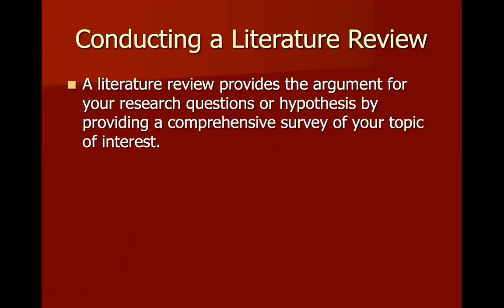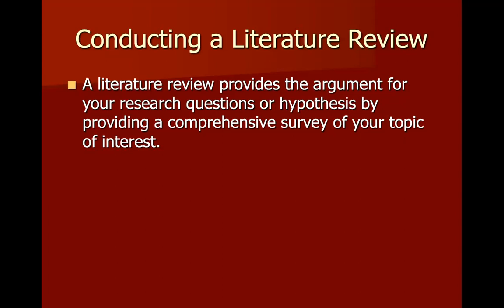A literature review provides the argument for your research questions or your hypothesis by providing a comprehensive survey of your topic of interest. So when you write a research report, you hope it gets published so that you haven't wasted a whole year or however long you spent on this project and then you can't even find a journal to publish it, right? You want it to get published.